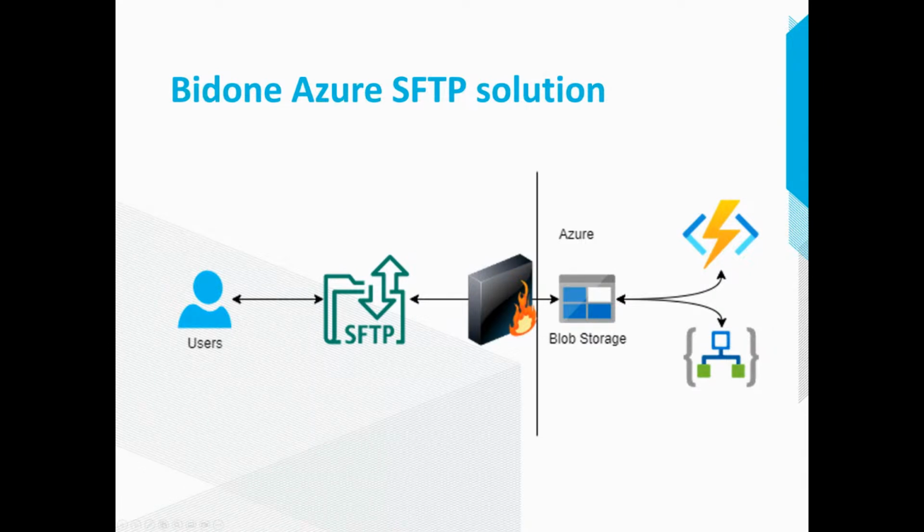So effectively, the users will send and pick up files from the blob storage. In the middle of this, we will have a firewall. So we will restrict by IP address from the users. So externally, the users will access the blob storage via SFTP. Internally, the Azure components will just use normal blob methods to access it.